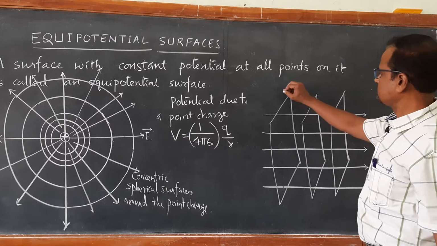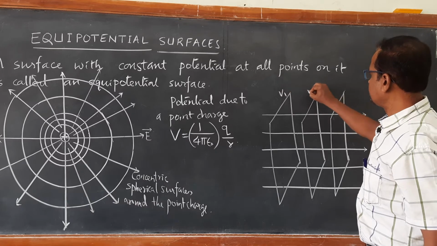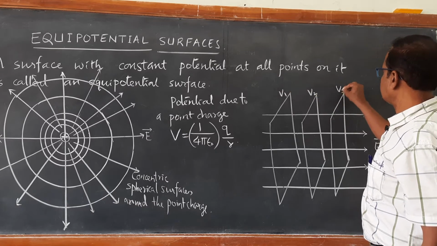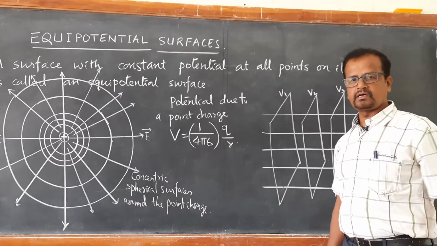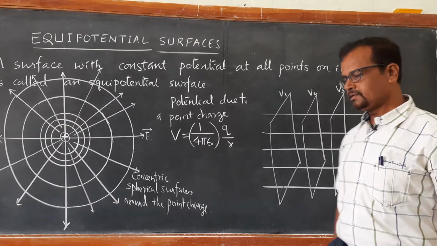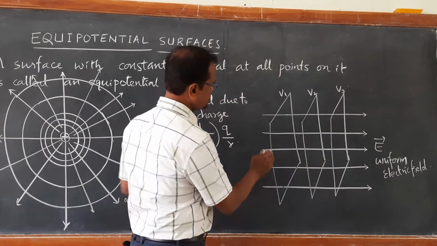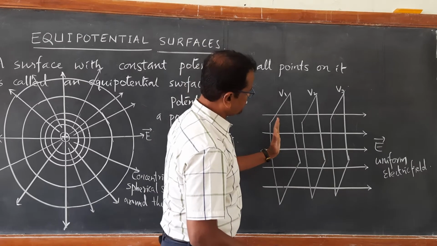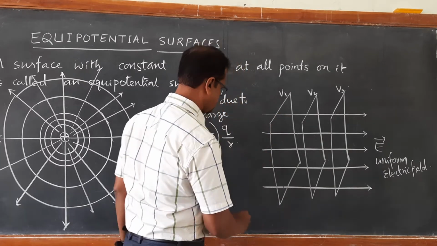You can call these V1, V2, V3. So, 3 surfaces of different potentials, right. So, these are the surfaces which are perpendicular to electric field lines.